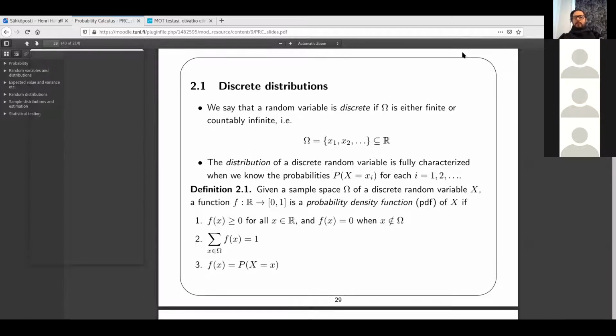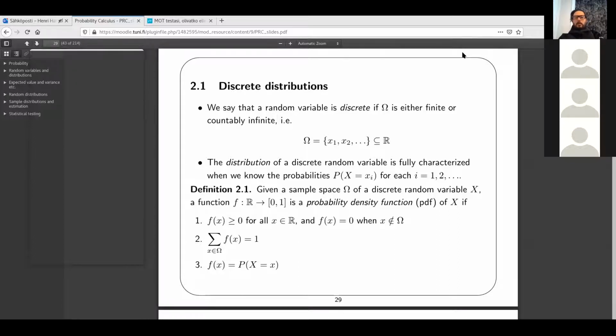So we take a value of the random variable, and each value is ascribed the probability of that value being the result. That's greater than or equal to 0 for all x in the real numbers. And then whenever x is not a value in your sample space, then obviously it's 0.